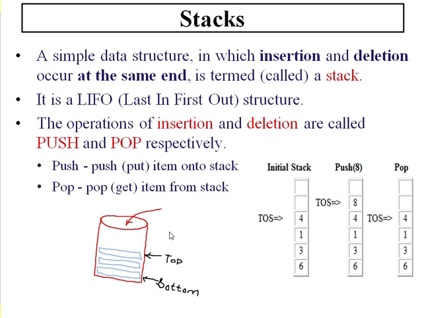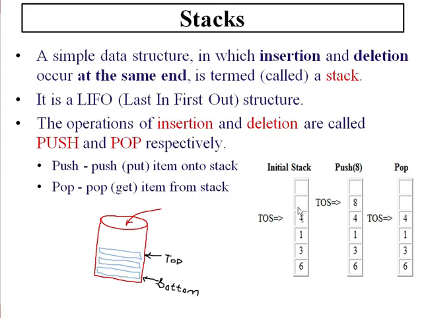For example, if we have an array of size six slots, we can consider the array as a vertically oriented container in which each slot will hold the data items that are to be added on top of the stack.